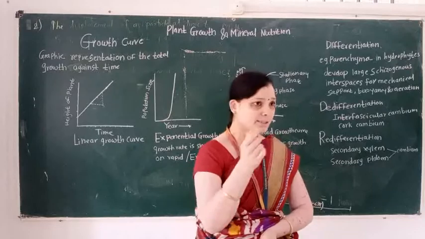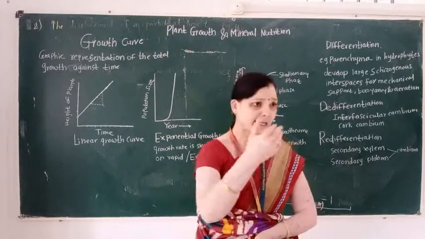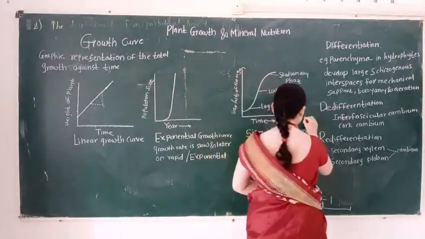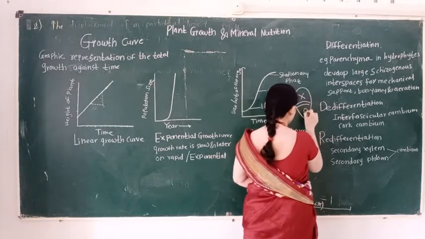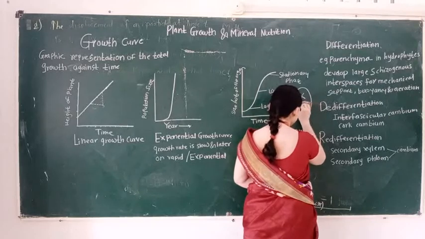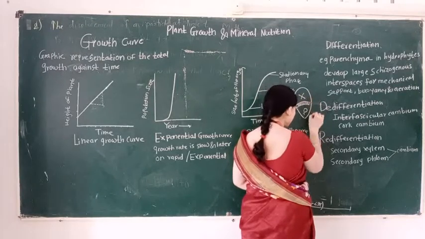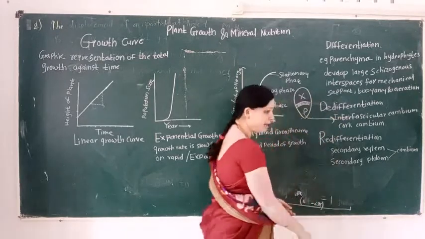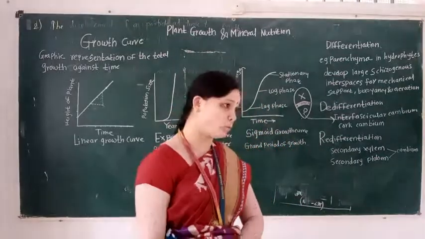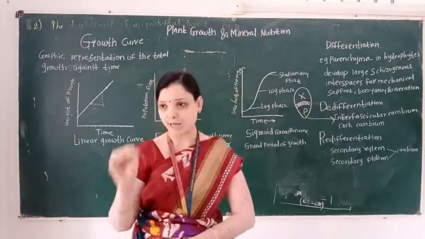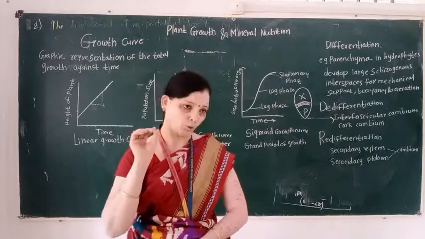In the vascular bundle, xylem and phloem tissues are present, the water conducting tissue and food conducting tissue. In between these two tissues, xylem and phloem, cambium is present. When cambium is present in between xylem and phloem, this type of cambium is called interfascicular cambium, and this cambium is responsible for increasing the diameter or girth of a plant organ.